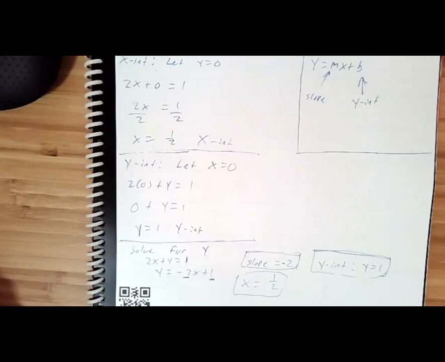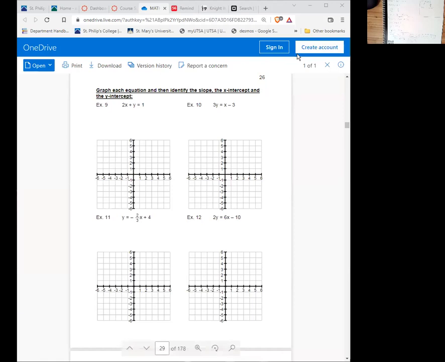All right, so let's do number 10, but this time we're just going to solve for y first. That way we have all the information. They did ask us to graph, so 0, 1 is the y-intercept. 1/2 was the x-intercept, so about here.